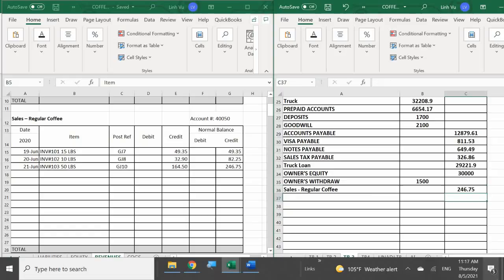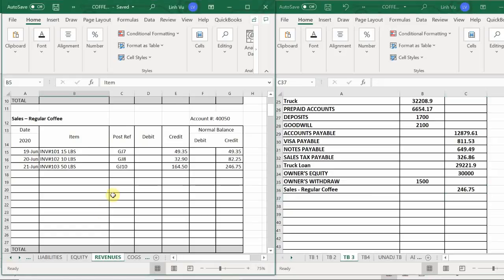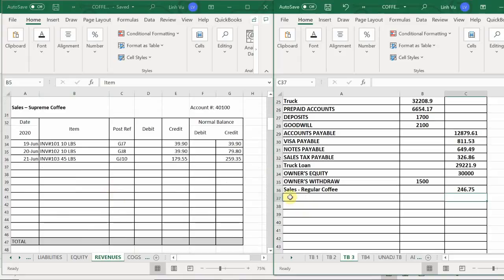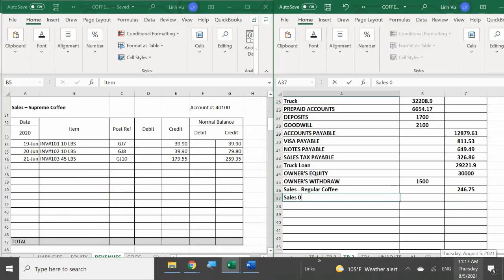Sales for regular coffee, how much did I sell? $246.75. Next account I have here is sales Supreme Coffee. How much was that one for? 111.70. Is that correct? Not for the Supreme Coffee.